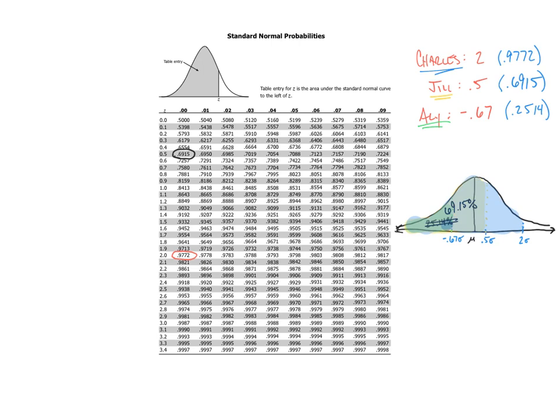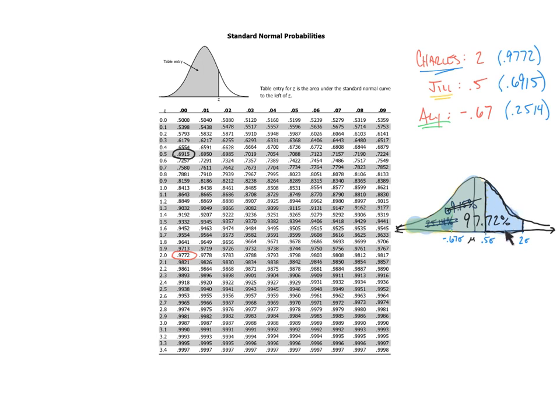And that works out to be 97.72% of the data. But what we've been asked for is what percent of the population scored in this range. So I don't want that whole 97.72%. I only want the 97.72% that is not also included in Jill or Allie's data.